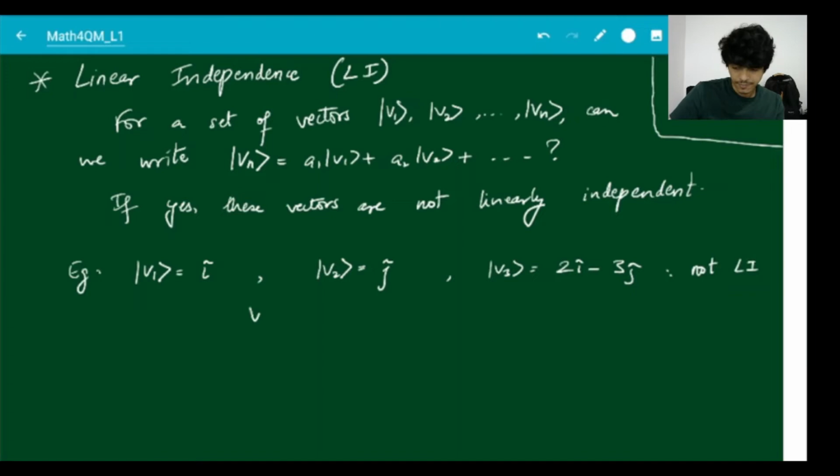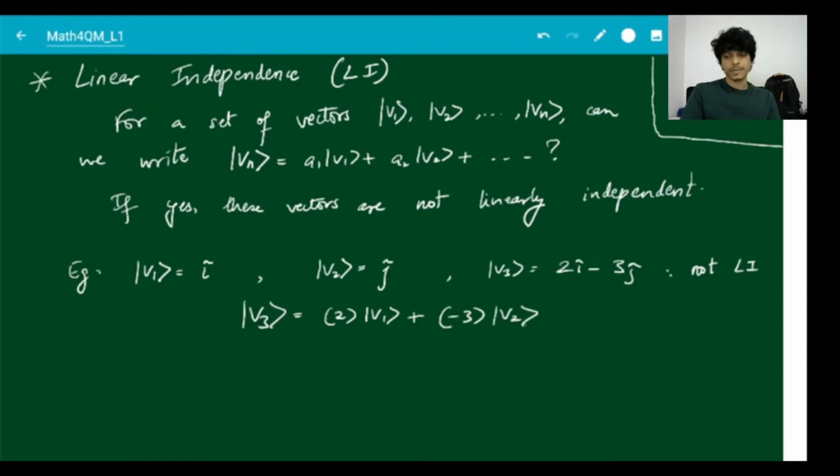So I can write v3 as being the scalar 2 times v1 plus the scalar minus 3 times v2. So therefore, not linearly independent.